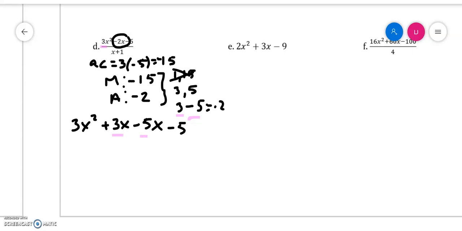And then minus 5 because that was our c term. All right, so we're on our way in the AC method. What we're going to do now is we're going to group these together. So basically the 3x squared plus 3x. And notice how it's a minus 5x.